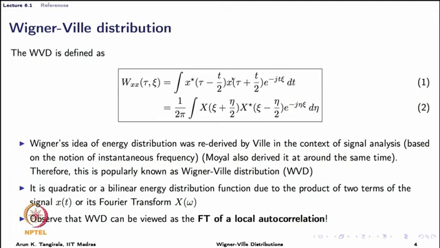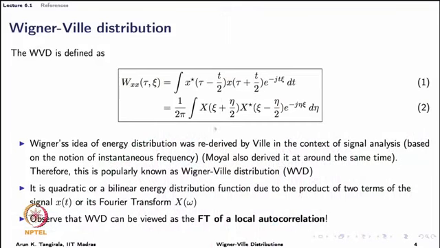Look at the similarity of this expression here with the definition of autocovariance that we had for the energy signals, periodic energy signals. The only difference is this is a local one, instantaneous, you can think of an instantaneous autocovariance and so on. Okay, so, let us understand what is happening here physically.